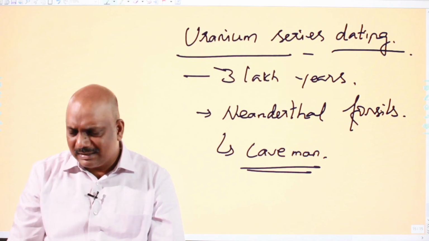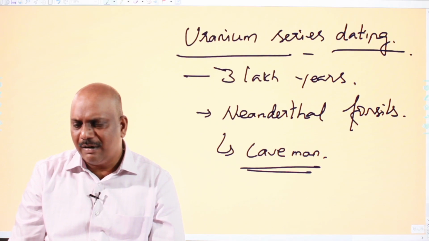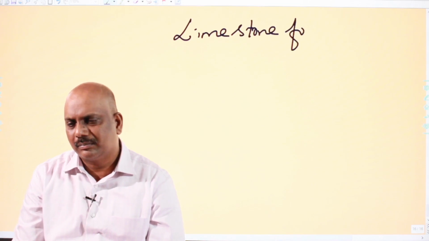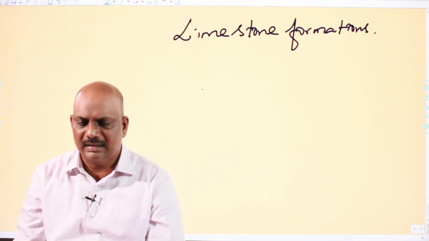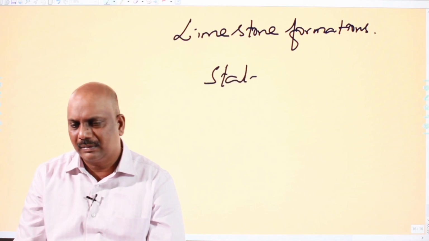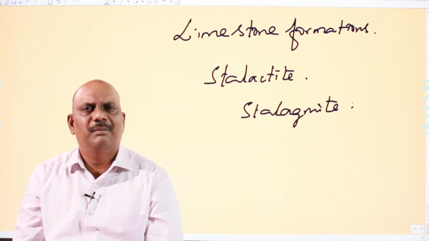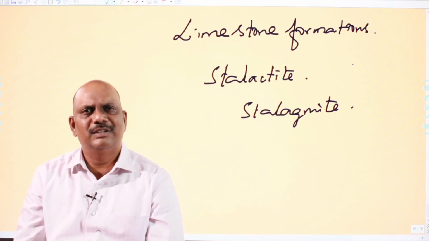So this technique is used to date fossils which are found in caves having karst topography, or you can simply say limestone formations like stalactites, stalagmites, etc. Have you seen these things?